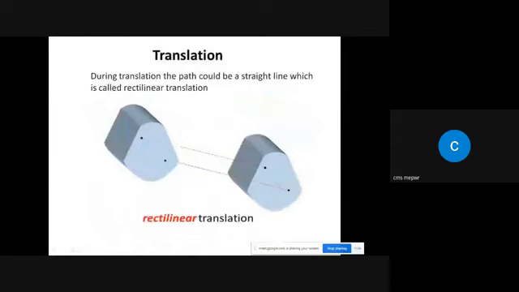During translation, for example, if you consider any two particles, let's say this is particle A and this is particle B. Now let's say the rigid body moves from this position to this new position.